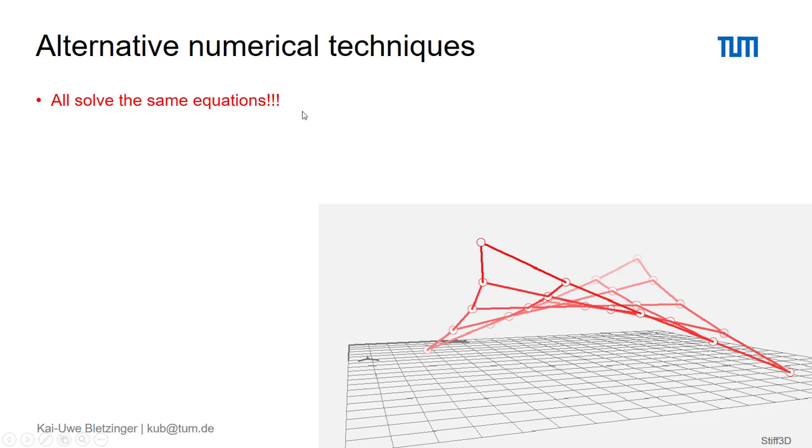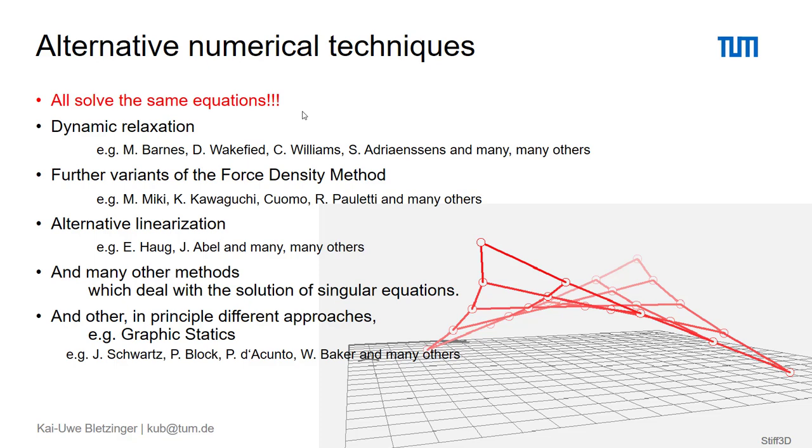And the highly nonlinear and eventually singular character of the original equations is exactly the reason why there exist all these alternative approaches, such as the dynamic relaxation, further variants of the force density method, completely alternative linearization techniques, other methods which deal with the solution of singular equations, and many others. They are in principle different approaches. You see references to many people working in that field, and it's impossible on this one slide to mention all the others who also are working in these fields.